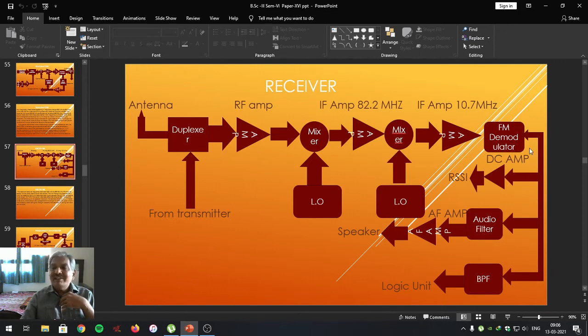That signal is amplified by a direct coupled amplifier, and its output is used for RSSI, that is, the received signal strength indicator. This indication will be very useful to undergo the handoff process.